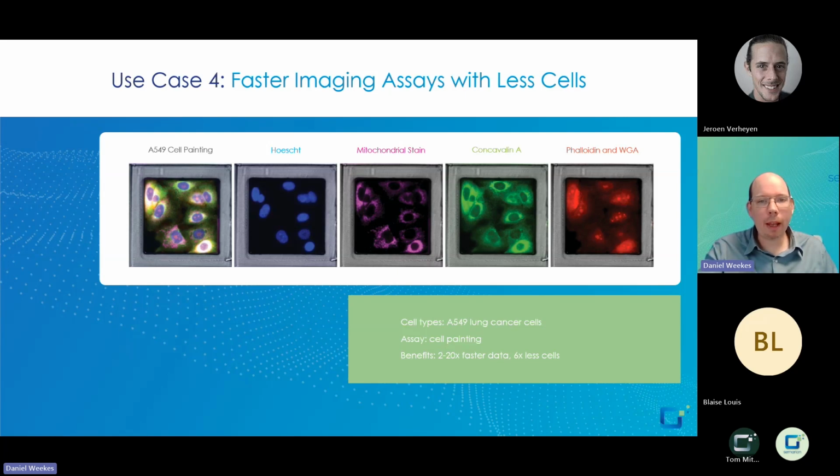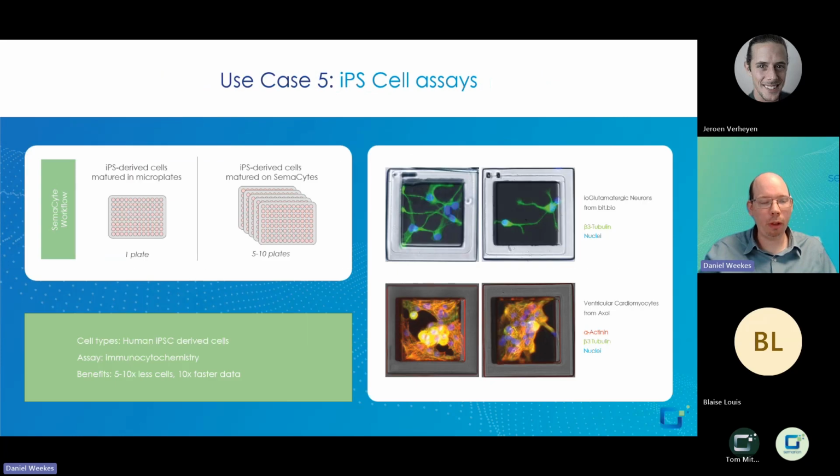So that's moving away from imaging endpoints. A lot of the data I've shown is working with cancer cells, but we also believe that more complex cells, such as iPS cells, would also be applicable for use on SemaCytes, particularly as these cells typically have a longer preparation time.